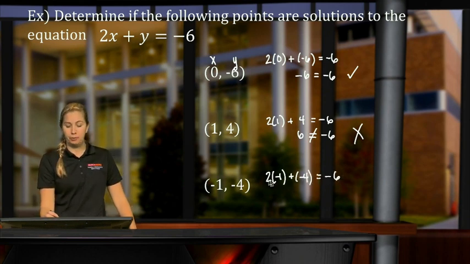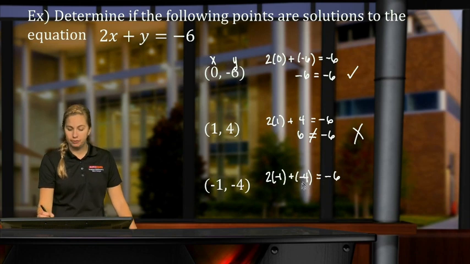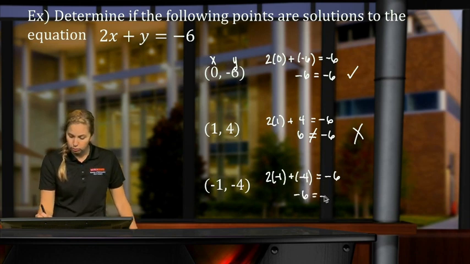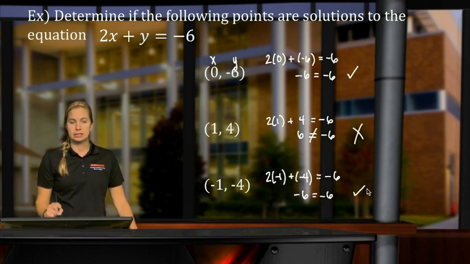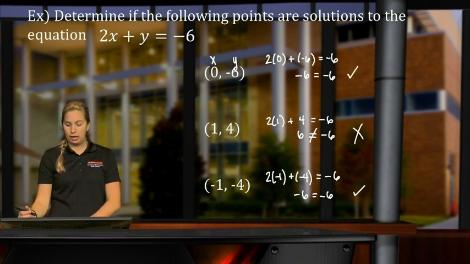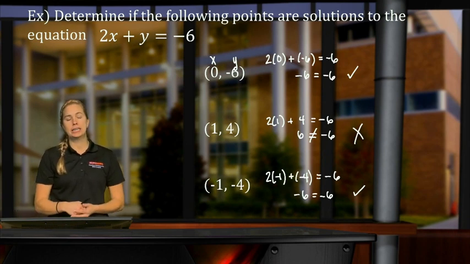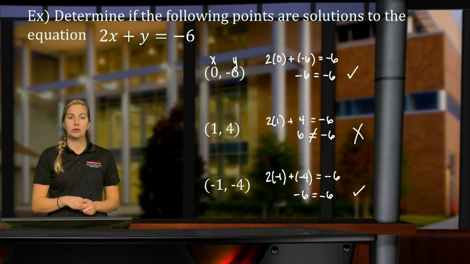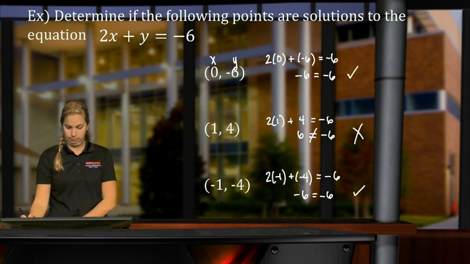If I simplify, we have -2 plus a -4 is -6, which equals -6. Since this is true, that is a solution to the equation 2x plus y equals -6. If an ordered pair is a solution to the equation, that means that ordered pair will be on the graph of that equation.